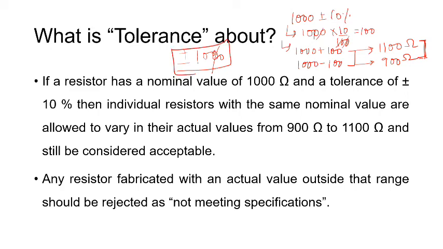If any fabricated resistor has an actual value outside this range, you will label it as not meeting the specification provided by the color coding rule.